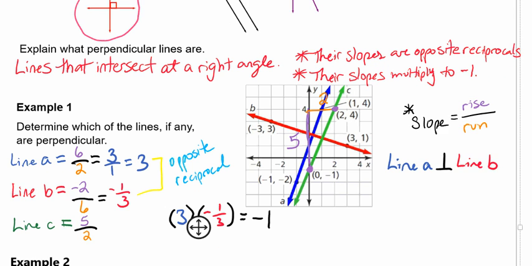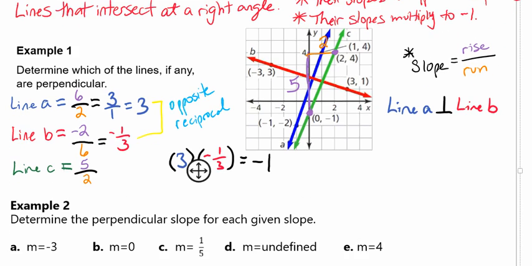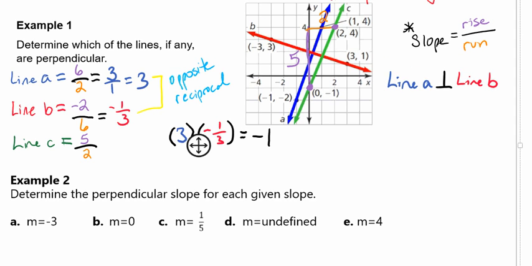Here, we're not necessarily going to be determining if lines are perpendicular, but what we are going to do is determine the perpendicular slope that we would need to make the lines perpendicular. So in this first one, we're given that the slope is -3. What would be our perpendicular slope? We can write -3 as -3 over 1.